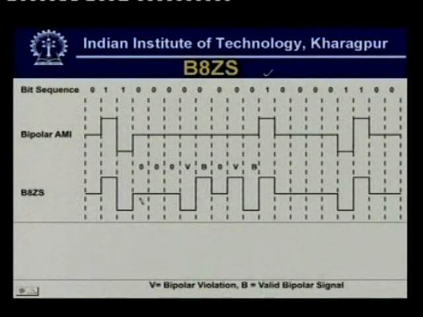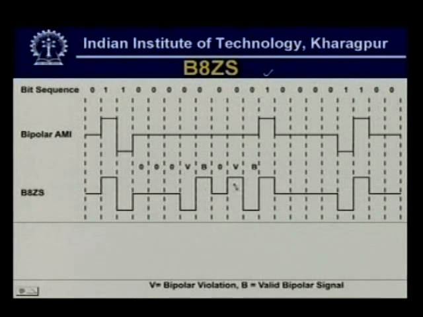That means, here as you can see, these two will remain, then 0 0, after 0 0 0 there will be a violation, then the next one is B, then 0 positive, then again violation.